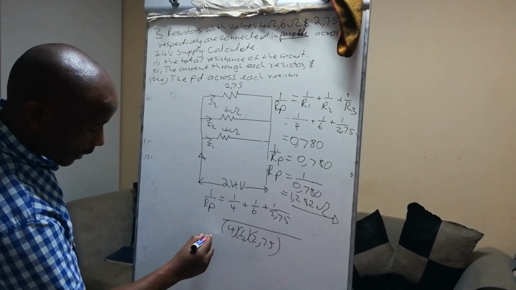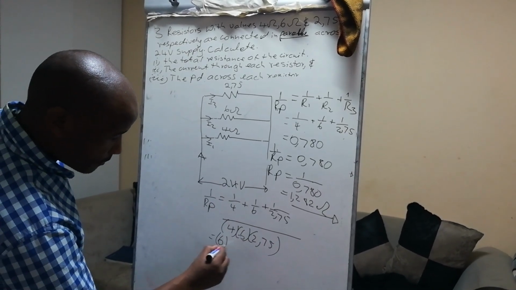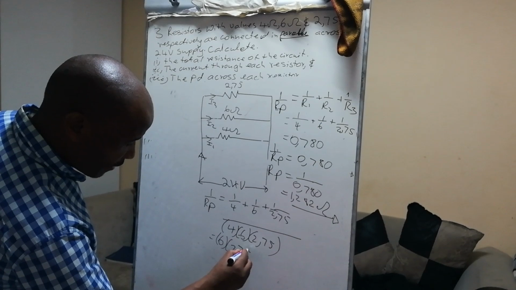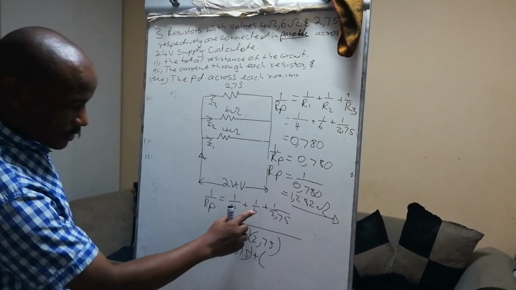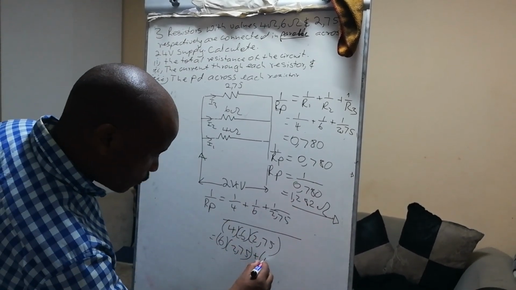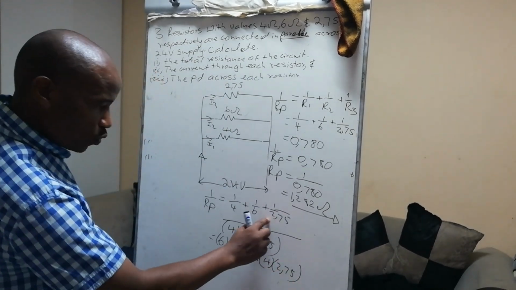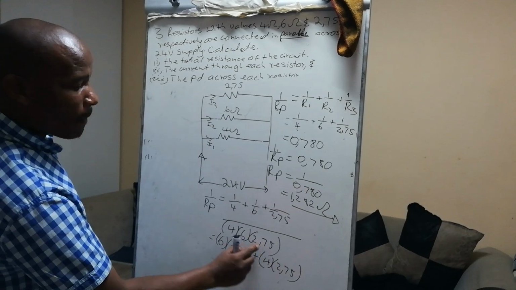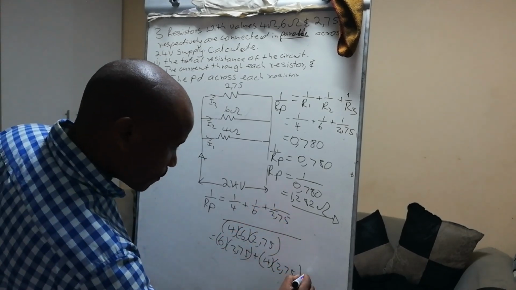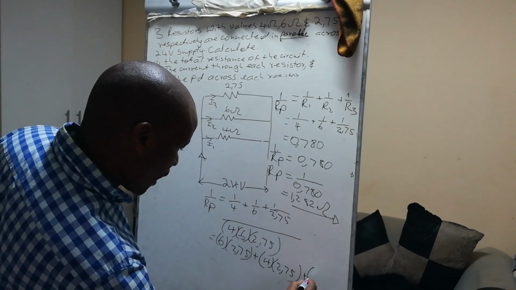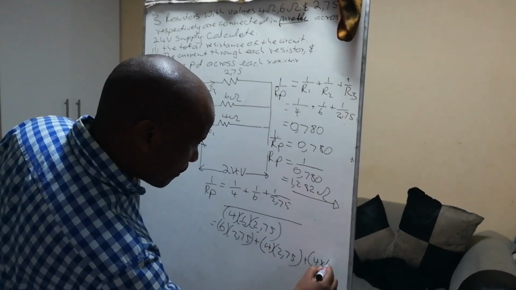Now look, this cancels with this and you are left with this multiplied by 1: 6 into 2,75, plus 4 into 2,75, plus 4 multiplied by 6.